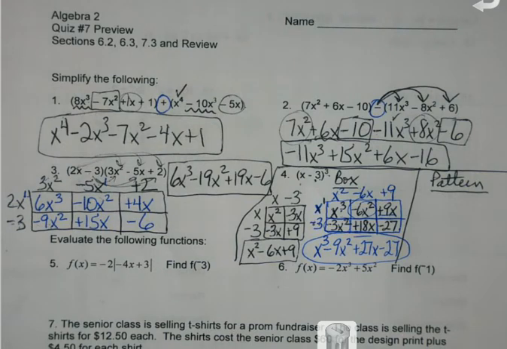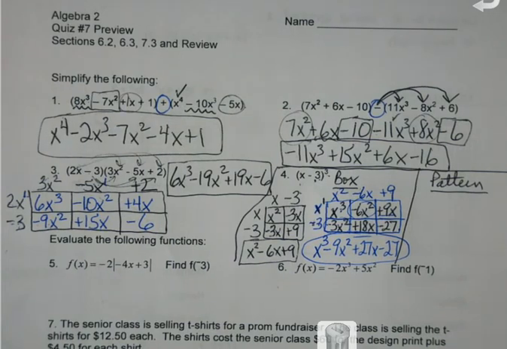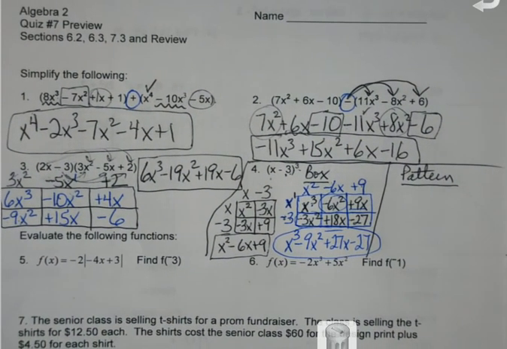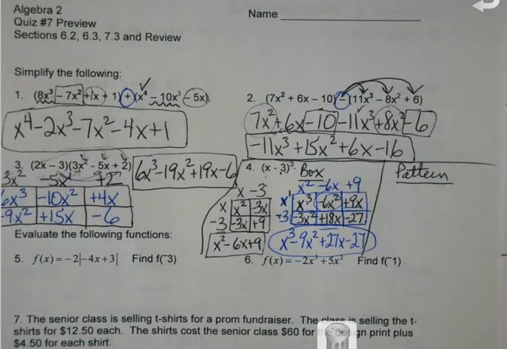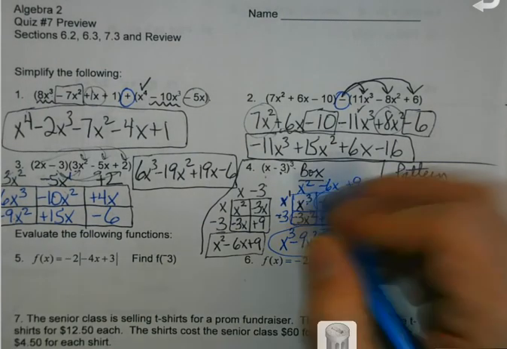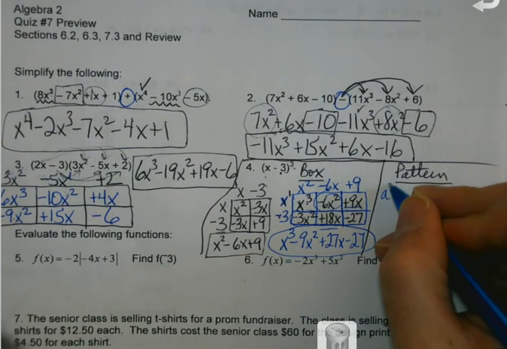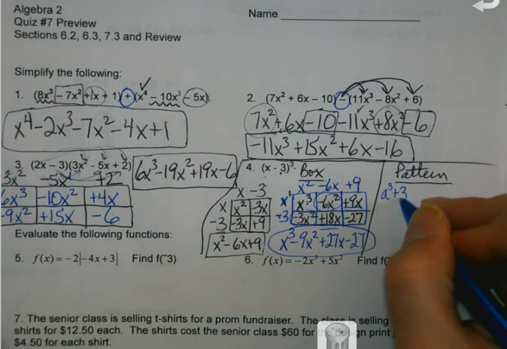So, your other option that we talked about before is using the pattern. Now, I'm just going to put the general pattern up here for a second just as a reminder. The general pattern when we're working with a cubic looks like this.